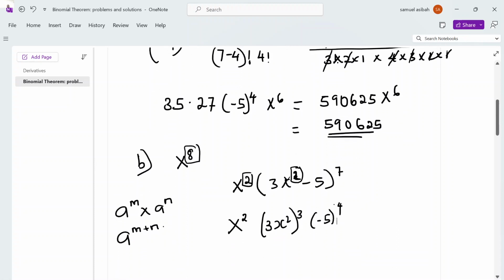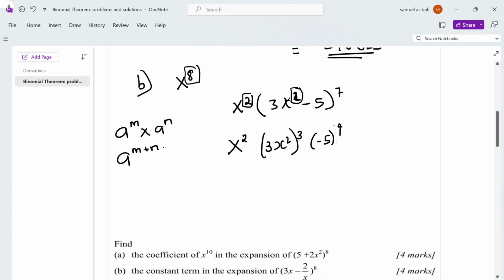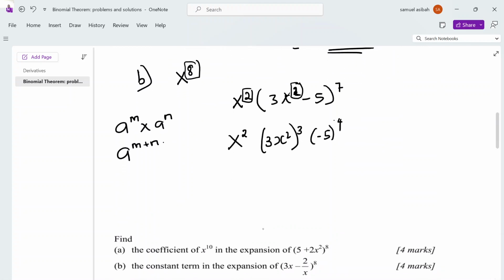So this is the coefficient. Then we are getting x raised to 8. So what is the coefficient? As we have done it before, we know that this already, when you multiply this, you shall get x squared. Then you get, as usual, 27. This one, then x raised to 6. Then we have negative 5 raised to 4.